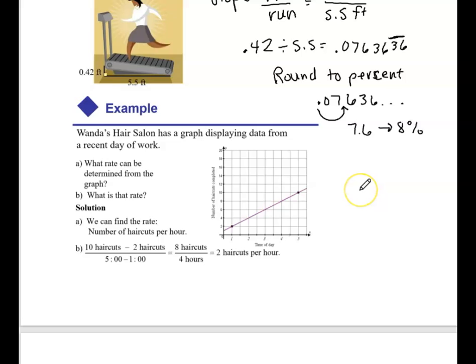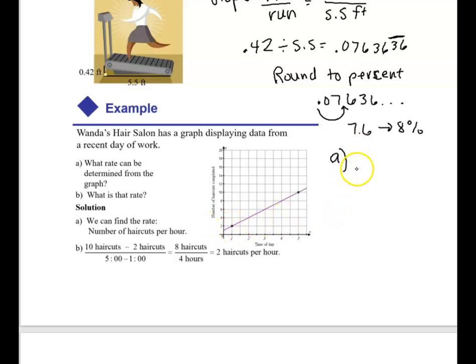Wanda's hair salon has a graph displaying the data from a recent day of work. A says, what can be determined from the graph? Okay, so when we're looking at this, X is the time of day and Y is the number of haircuts completed.